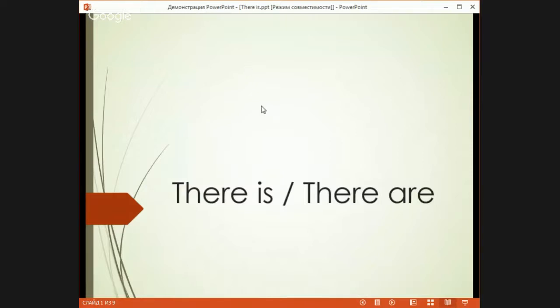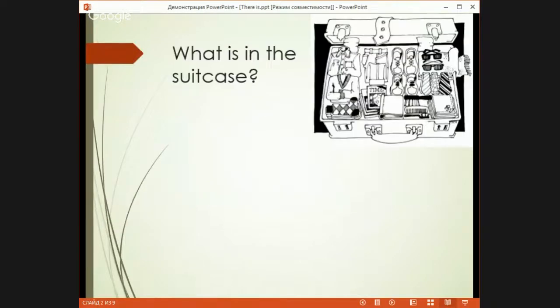The first task, you will see here a suitcase. The question is, what is in the suitcase? Please look at the picture and think what kind of things you can see here. After that, I will show you the answers. I'll give you a minute or two, and then we will look at the answers.